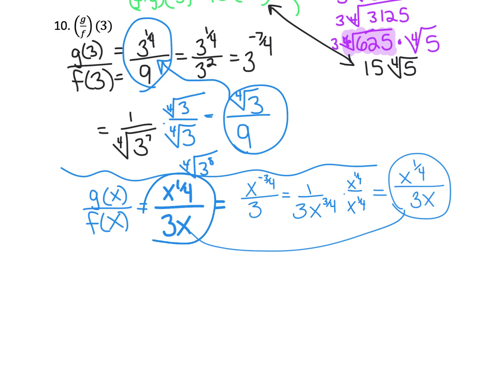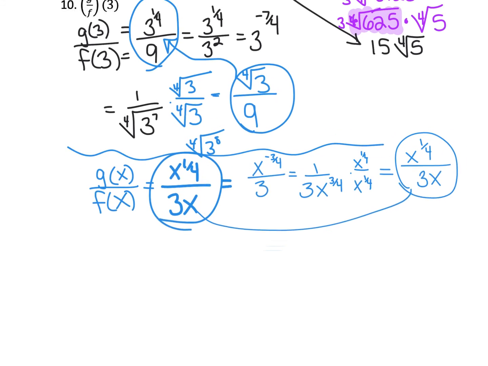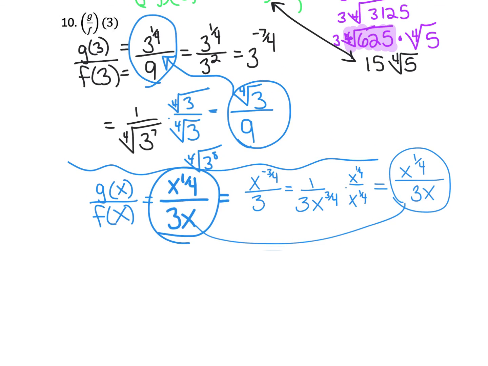So trying to simplify it isn't helping me at all. So beginning here and then plugging in 3 gives me 3 to the 1/4 over 3 times 3 is 9, and I'm not going to one more time try to simplify that, only to go right back to where we started.